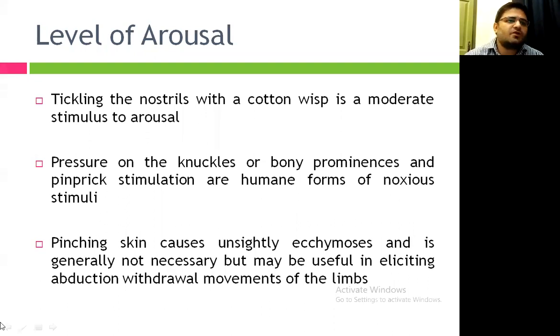Pinching skin causes unsightly ecchymosis and is generally not necessary, but may be used for eliciting abduction withdrawal movement in case of GCS criteria. We usually perform pressure over the knuckles or bony prominences, usually the sternum, for the level of arousal.